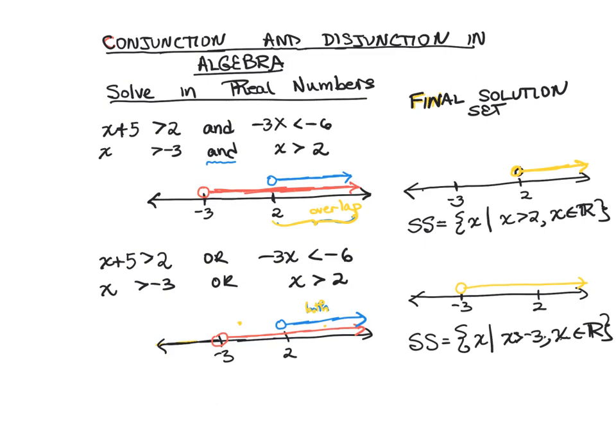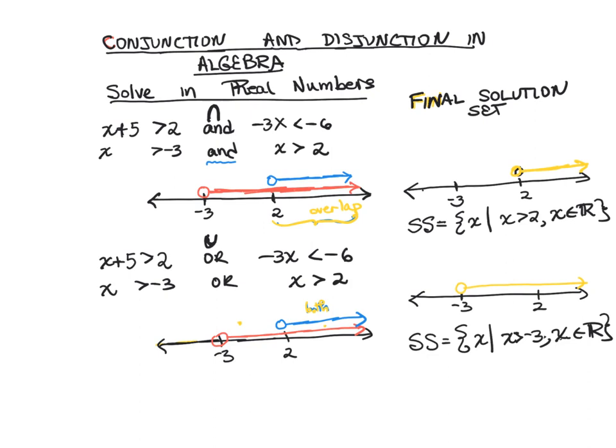And this may remind you a little bit of sets when we looked at union and intersection, because the union is "or," and we have a U for that. The intersection is an upside down U. And notice they look a little bit like the and/or symbols in logic, except they're U's rather than V's.